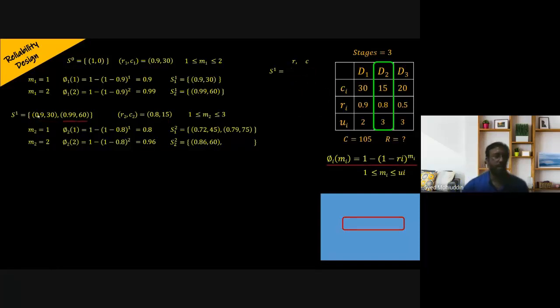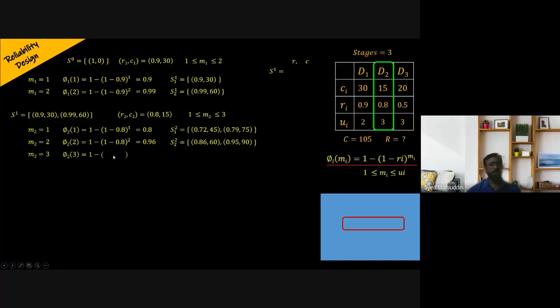In the same way we take the second value from S1 and compute its tuple, and we get the second element of S22. Then M2 equal to 3 also has to be computed, because at most 3 devices can be placed.